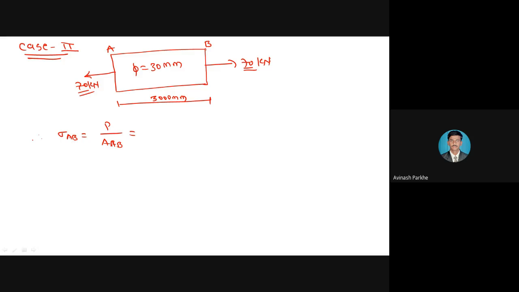Therefore, we take the sigma formula as force upon A. Again, 70 into 10 raised to 3 divided by area, pi by 4 into diameter of AB square. Therefore, 70 into 10 raised to 3 divided by pi by 4 into the given diameter 30 square.